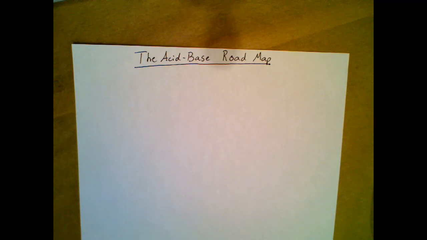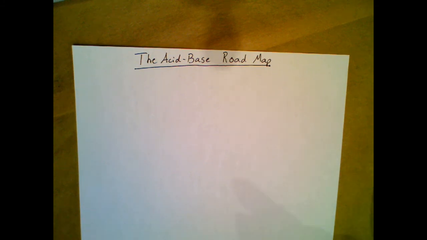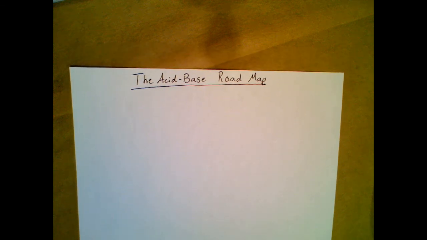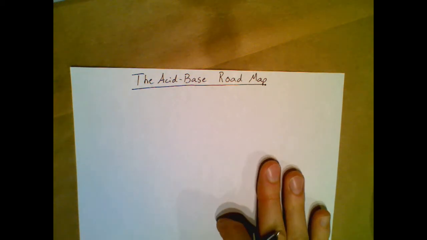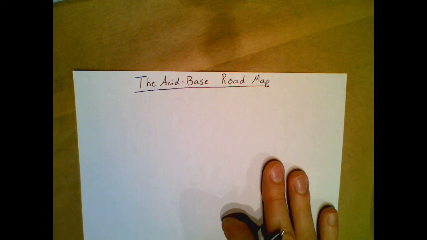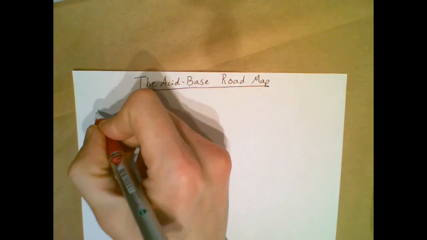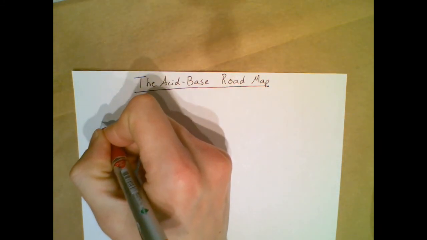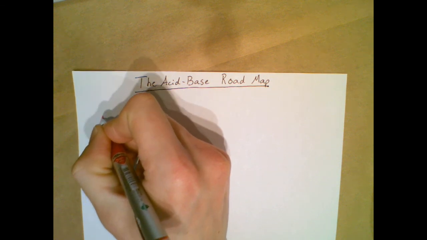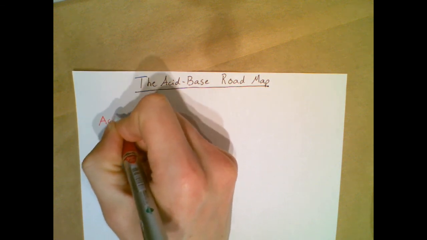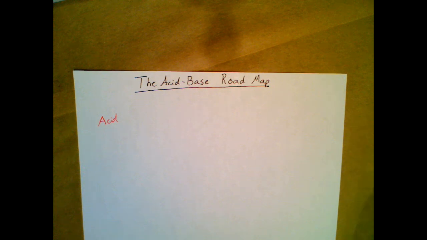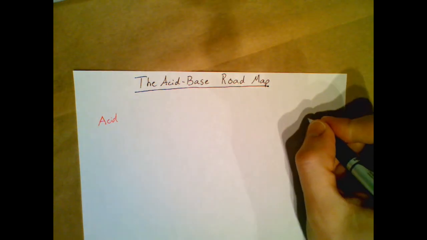Okay, like I said, I'm going to introduce you to the acids and bases roadmap. And so, like any roadmap, we should think about, where are we starting? Anytime you're given any question, what you really want to think about is what is the starting point? And a lot of the time, that starting point is either going to be some kind of acid, or it's going to be some kind of base.